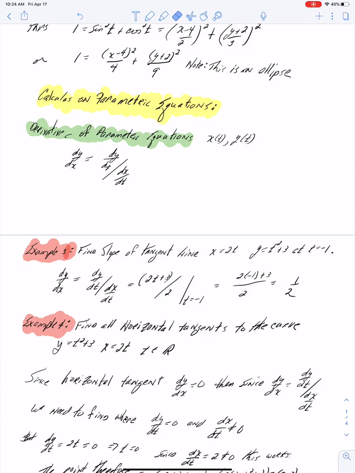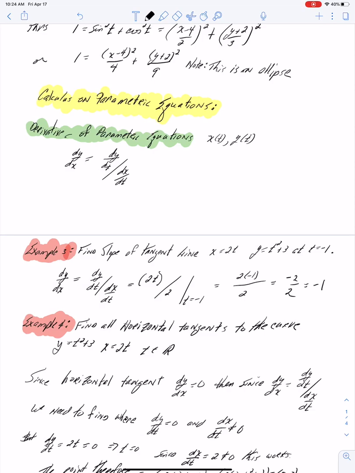So let's make that correction. And the derivative of x is just 2. Let's make this correction here. And what do I get? I get minus 2 divided by 2, which is minus 1.